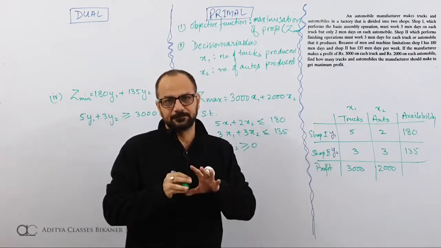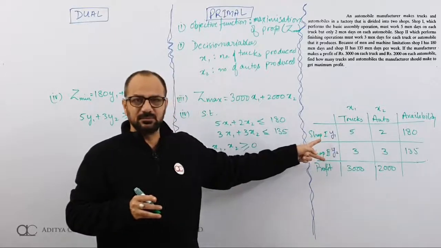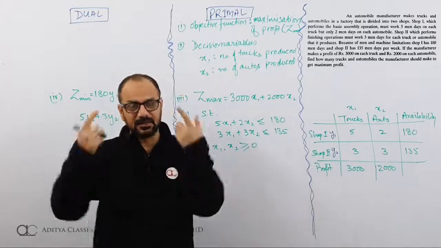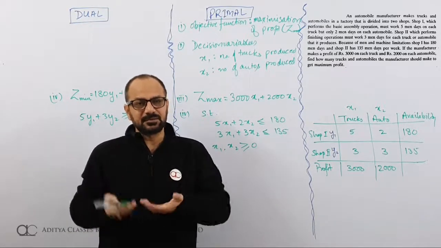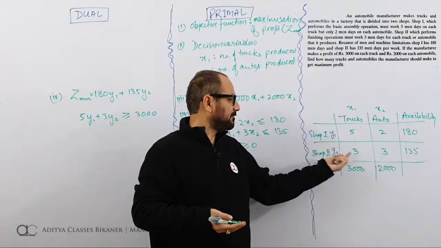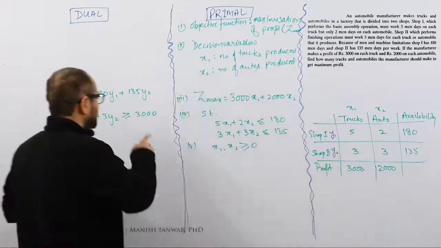This is the idea. The investor is having a rational perspective of minimizing these two, 180y1 plus 135y2. But as a manufacturer, because I am allowing him to invest in my business, that proposal should be lucrative. That proposal will be lucrative if I am getting 5y1 plus 3y2 more than 3000.